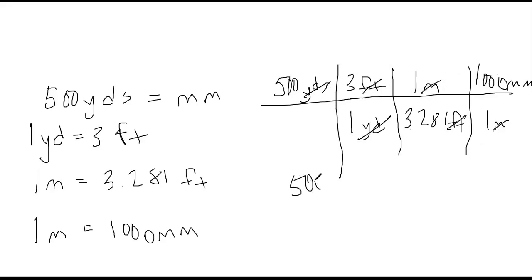So we have 500 times 3 times 1,000 over 3.281. I got 4.57 times 10 to the 5th millimeters.